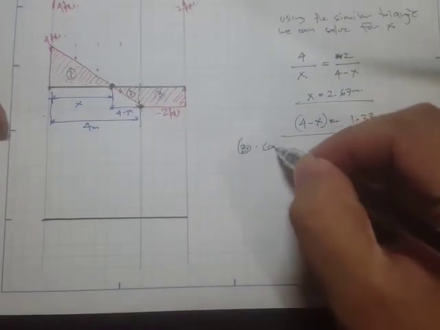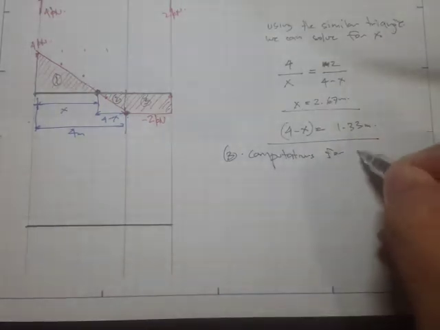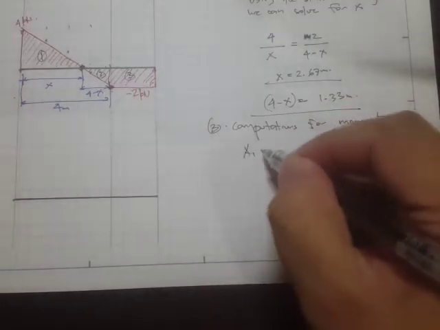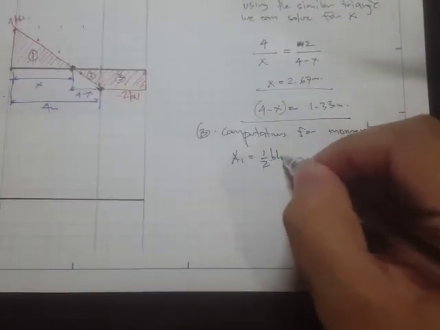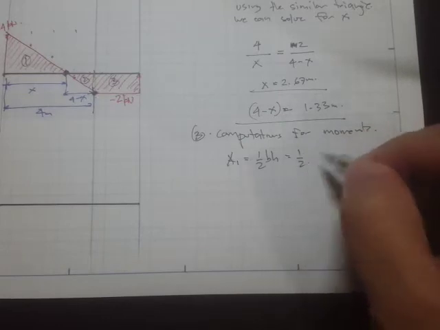Okay, so let's just write here computations for moments. Now for area 1, the area of the triangle is just simply 1/2 base times height. So if this is our base, this is our height, and it's just 1/2.